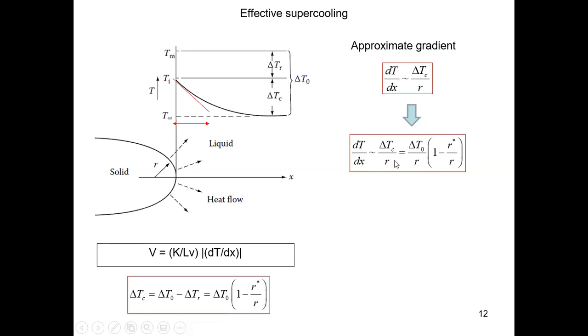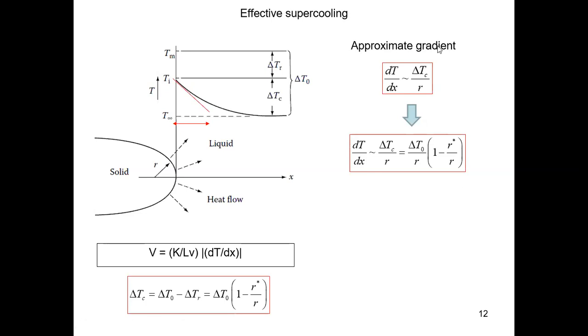So if you plug in the previous expression for delta Tc and use this approximation for the temperature gradient, we obtain a temperature gradient related to the theoretical supercooling, but non-trivially dependent on the radius of the tip. There's a 2R here, so it's not very simple. It's a non-trivial dependence on the radius.